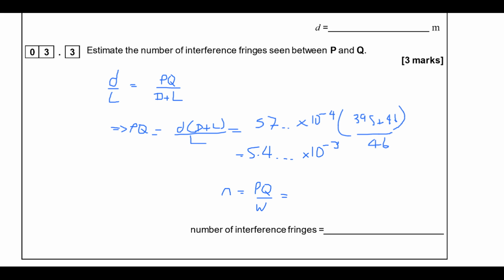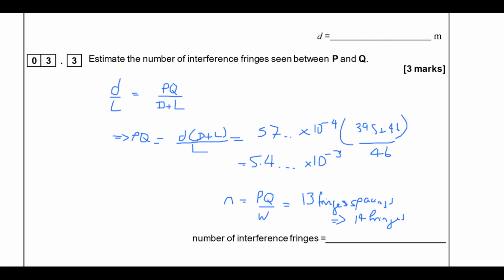And we get 13.39, so we're going to see 13 fringe spacings. That's how many spacings, and if you're going to see 13 fringe spacings, you're going to see 14 fringes between them.